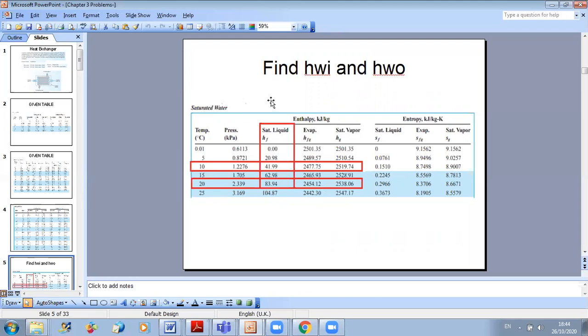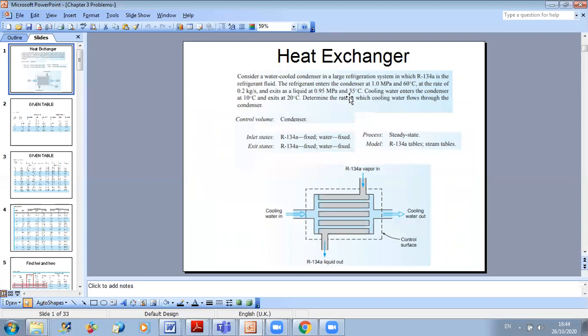But here, since they didn't give you any, the pressure is nearly atmospheric pressure because they didn't mention anything. When they don't mention anything, then you can consider that it's entering and leaving at nearly low pressures. This is why you will not find these values in compressed liquid, because in compressed liquid in general they put values for very high pressures.